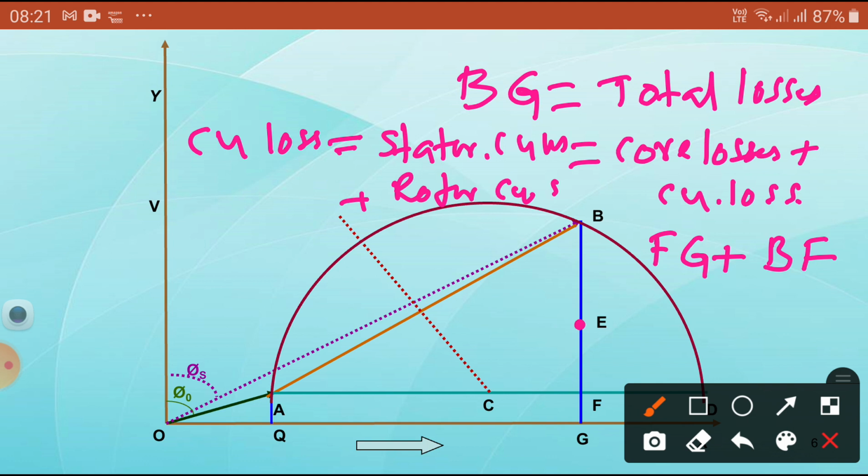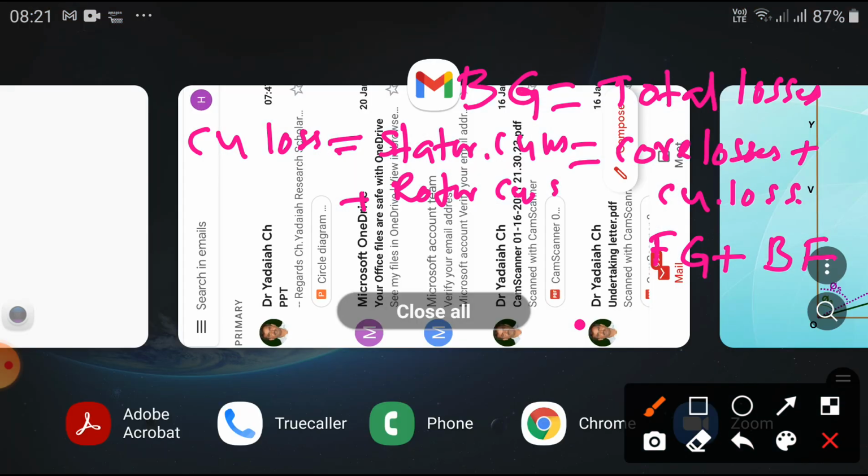To separate the stator copper losses and rotor copper losses, I require some basic idea about the squirrel cage induction motor and the slip ring induction motor. So how are we going to do that? We will see it. Now I want to look at the location of that point.